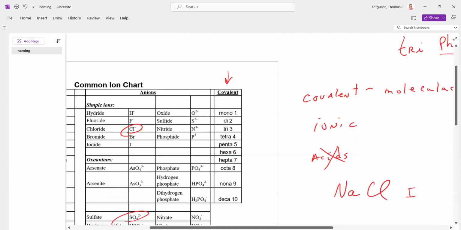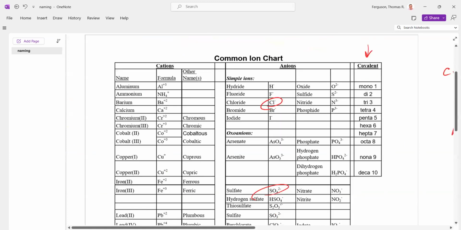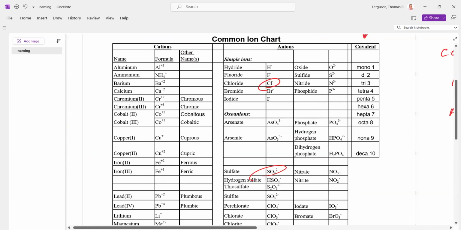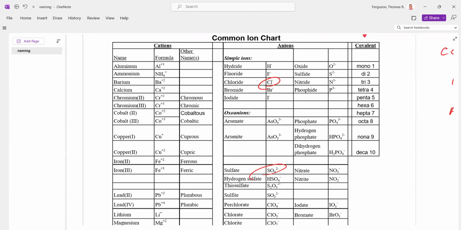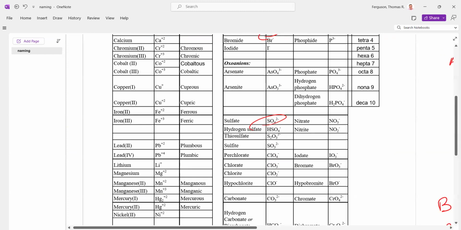Okay. Now, if you looked at a food label and there was that in your food, it's not going to say iron 3. It's going to say ferric.